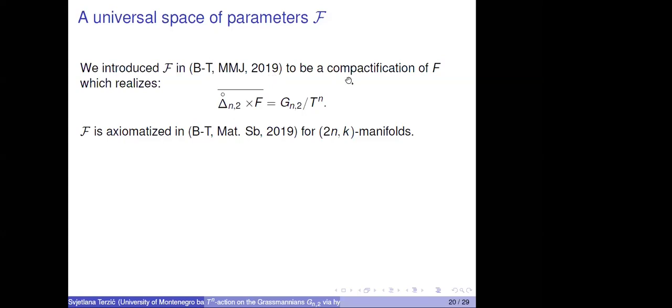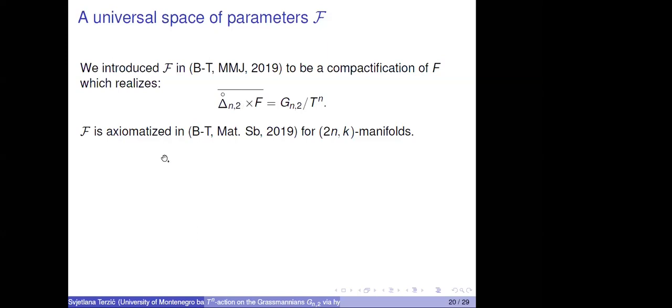It's some compactification of the space of parameters F of the main stratum, which realizes in some sense the closure of it in Gn2 over Tn. So it's a compactification of F such that the orbit space Gn2 over Tn can be obtained from the direct product delta n2 times that compactification F using some relations.